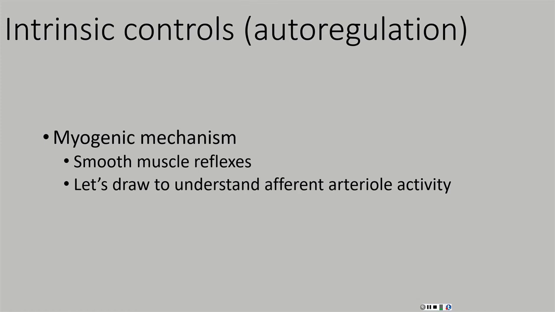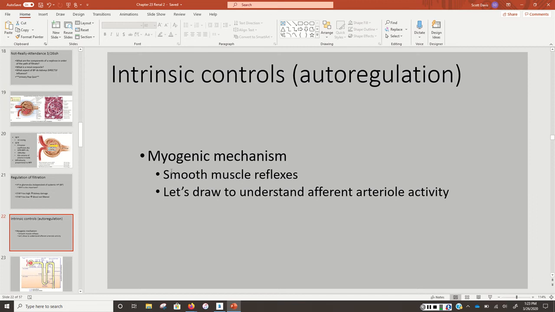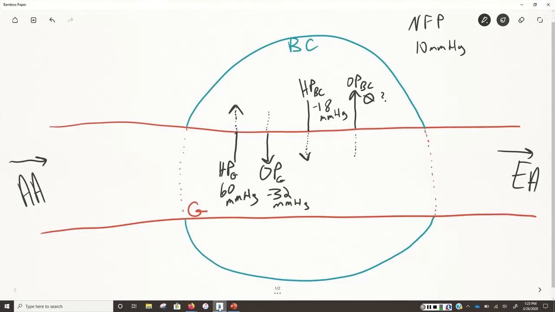So let's go back to our drawing that we looked at just a moment ago and see how the myogenic mechanism works. Let's think about what happens if your blood pressure goes up. Well, if we didn't do anything about it, the hydrostatic pressure of the glomerulus would also go up, and we could risk damaging the membrane.